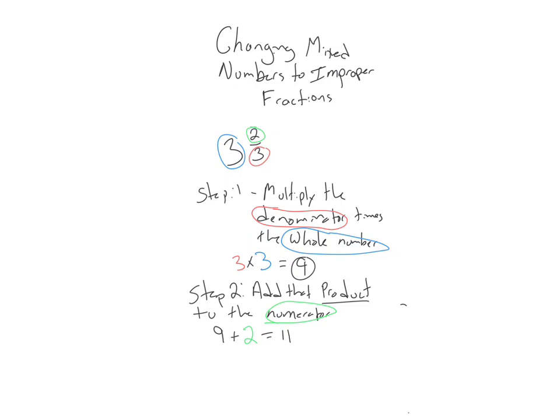Then for step 3, we place that sum, which is 11, over the denominator as a fraction.